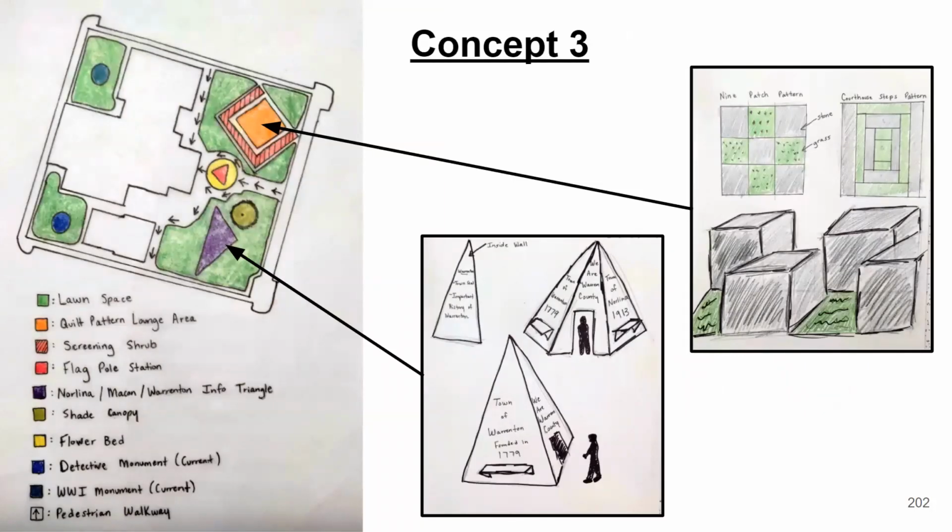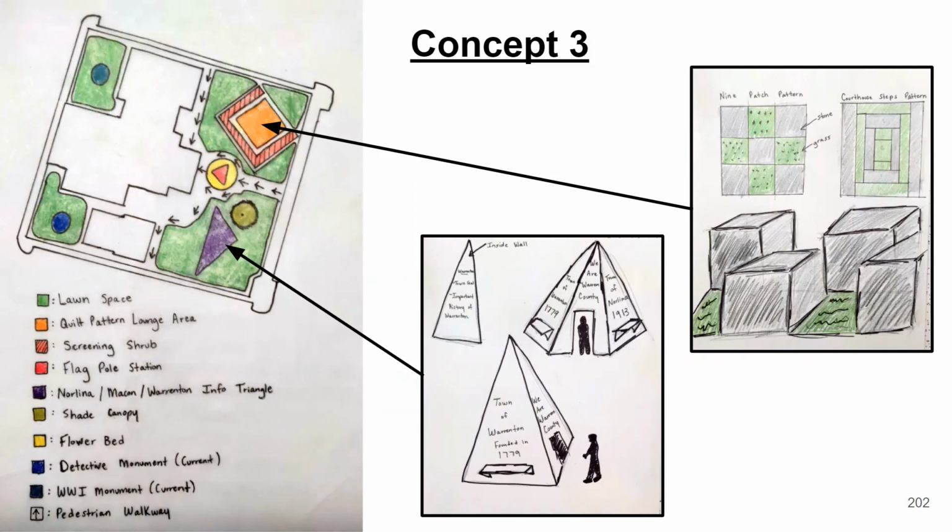My third concept, I wanted to create a place where it encouraged people to lounge and be able to hang out with one another. I created this checkerboard 9-patch pattern, a combination of elevated marble blocks and grass.